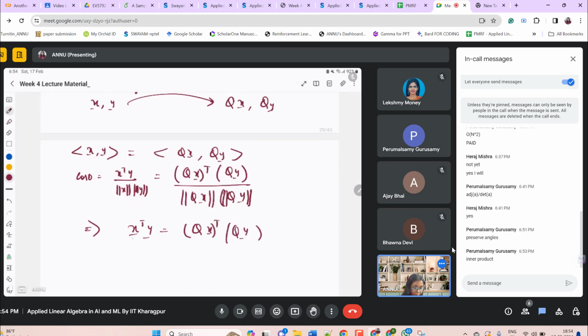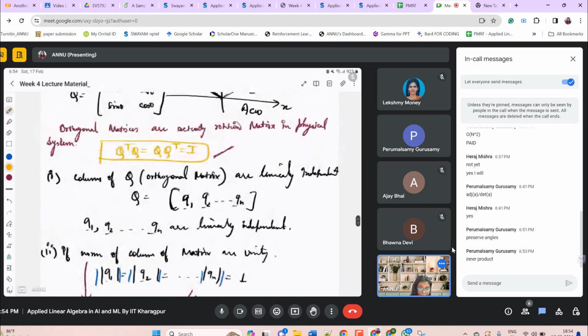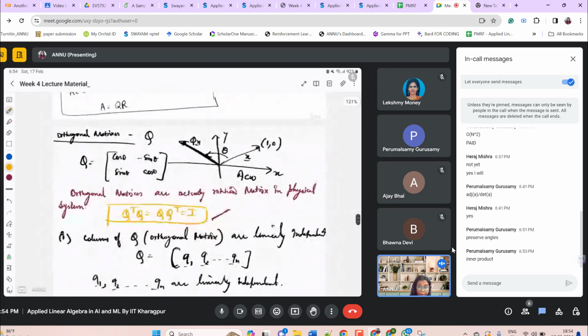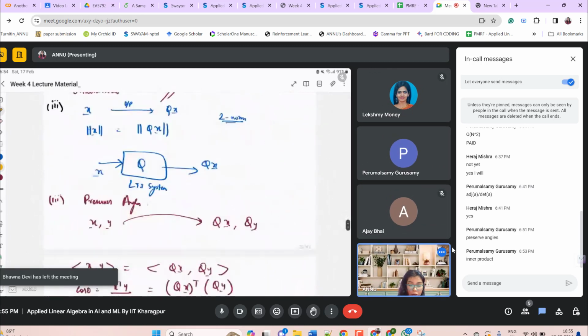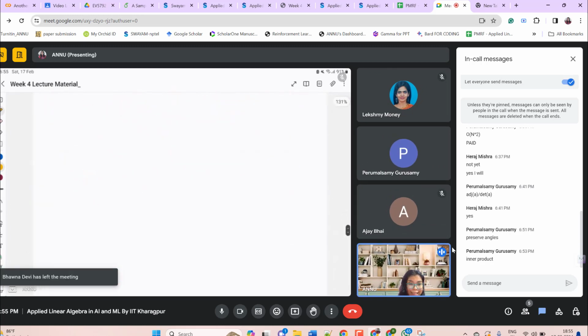So this is nothing but inner product of x,y is equal to inner product of qx, qy. So preserving angle means inner product remains same, and what else? Norm is same. We can see that from the figure also. I hope this is clear to everyone.